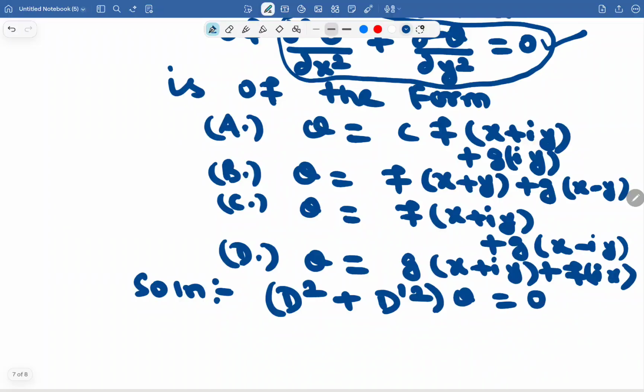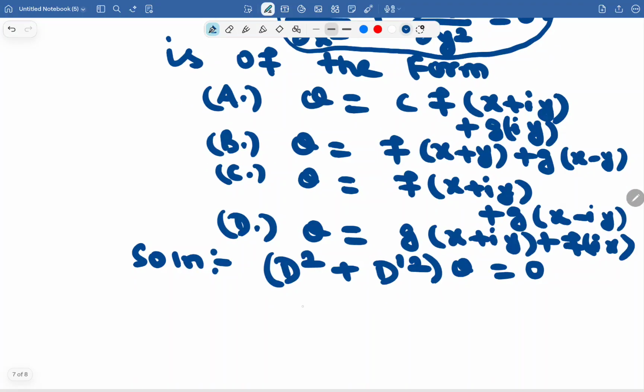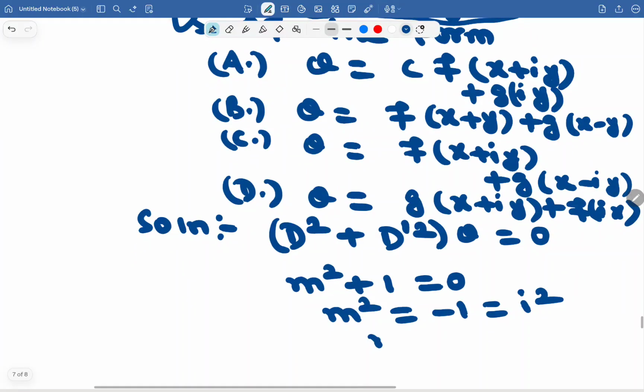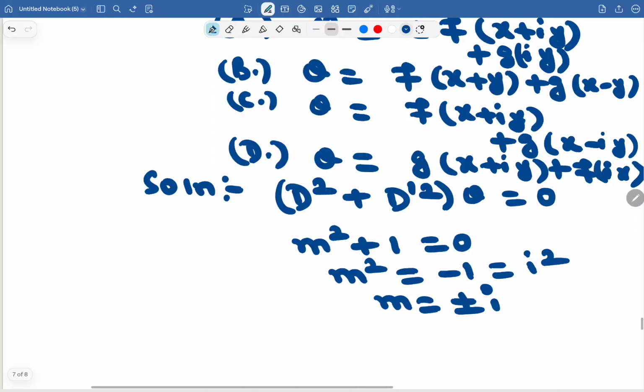Here I am using operator capital D for dou by dou x, capital D dash for dou by dou y. Replace D by m and D dash by 1. It becomes m square plus 1, which is equivalent to 0. This is the auxiliary equation. m square is nothing but minus 1, which is nothing but i square. m equivalent to plus or minus i.